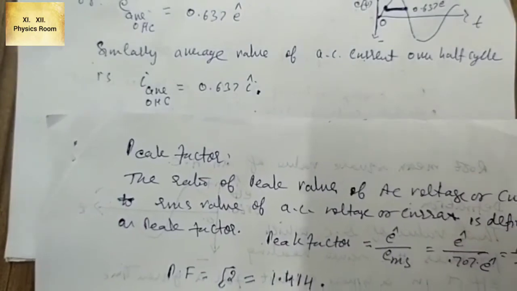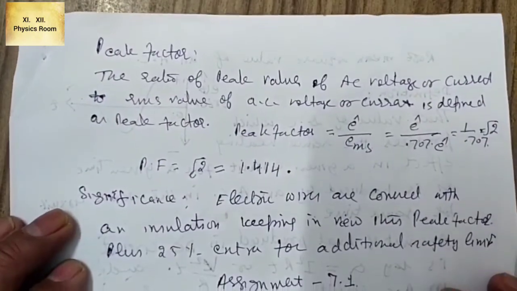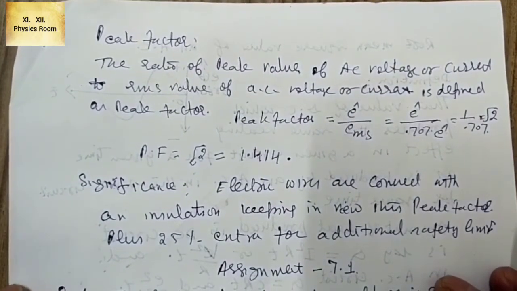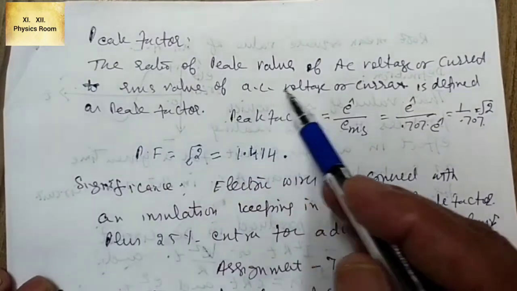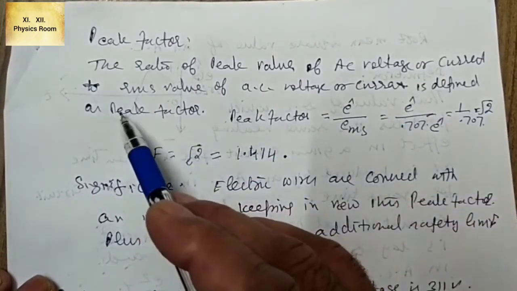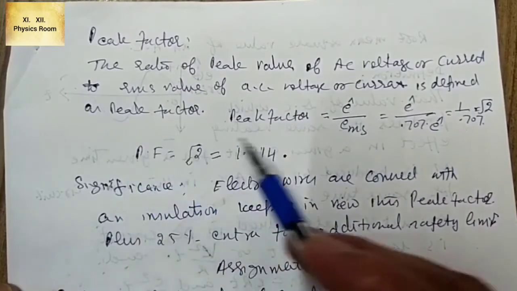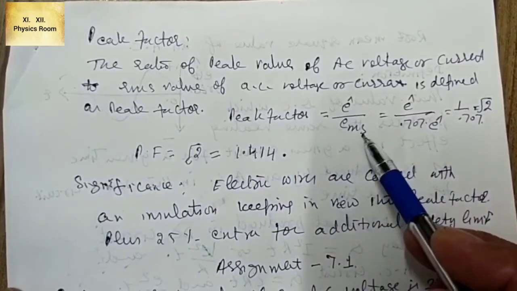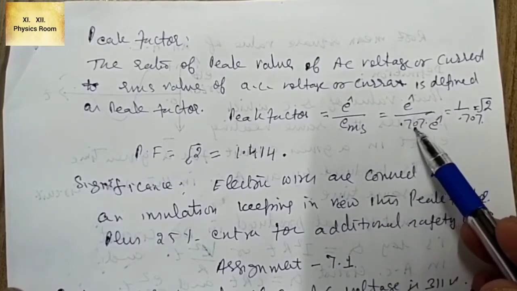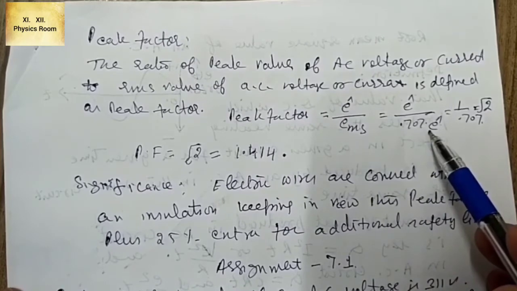Now comes peak factor. I define peak factor. The ratio of the peak value of AC voltage or current to the RMS value of AC voltage or current is defined as peak factor. Mathematically, peak factor is E max divided by E RMS. E max divided by 0.707 times E max, because E RMS is equal to this value.